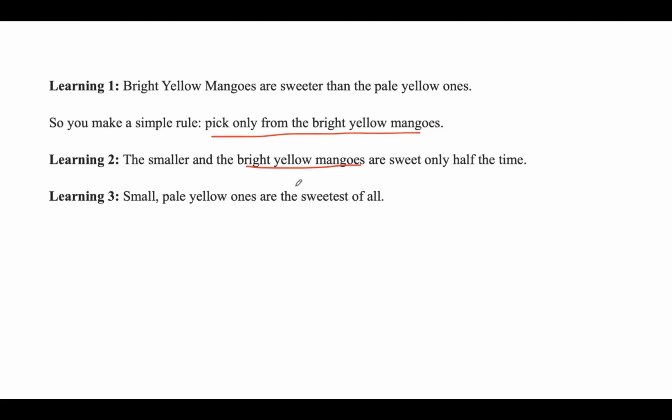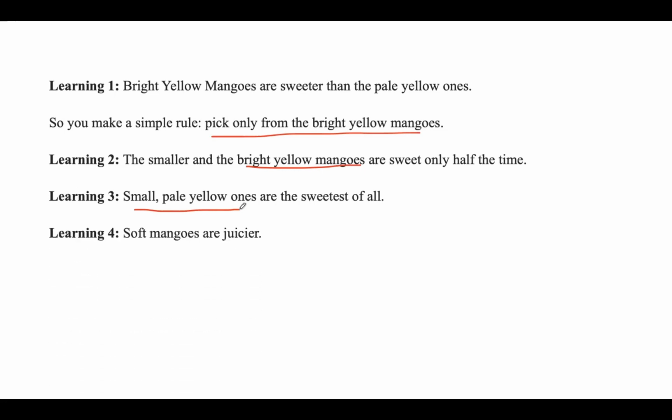Now you realize that the rule which you had learned, that big and bright yellow mangoes are the sweetest, is no longer applicable, right? Because these are from a different country. So you have to learn from scratch again. Now you taste a mango of each kind from this vendor and realize that the small pale yellow ones are in fact the sweetest of all.